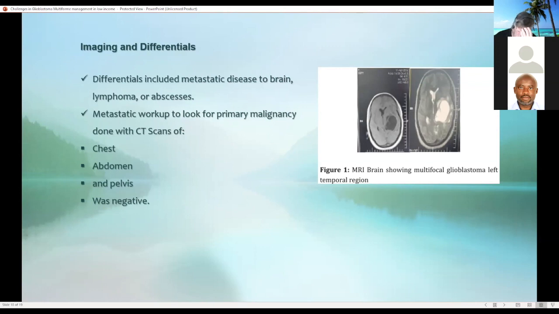So we did, as I told, this metastatic workup to look for primary malignancy. We did chest, abdomen, pelvis, and it was negative. This metastatic workup was negative because there was no other problem anywhere. Only in the brain, the tumor was there, in the temporal lobe. Next slide.